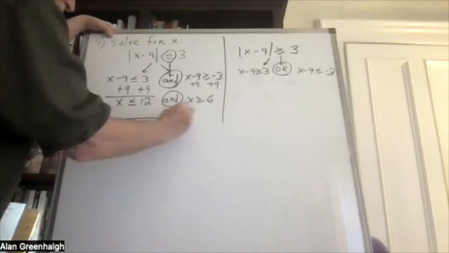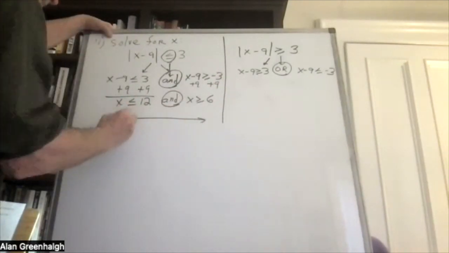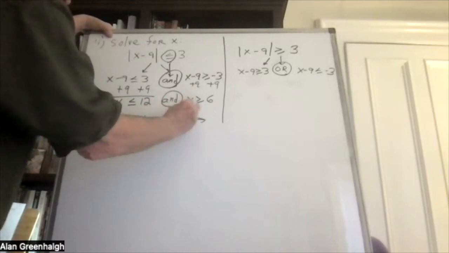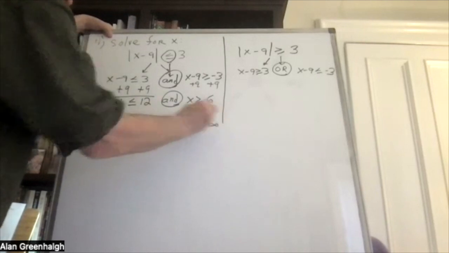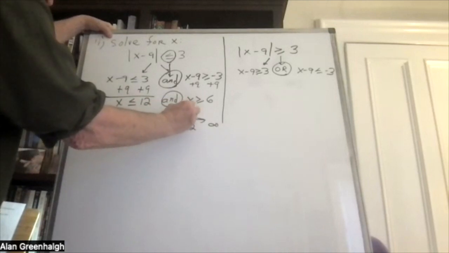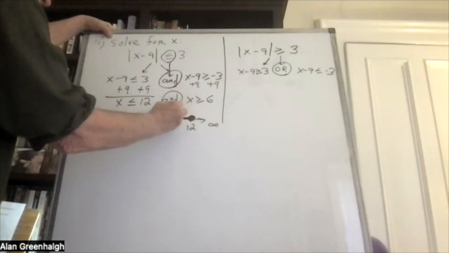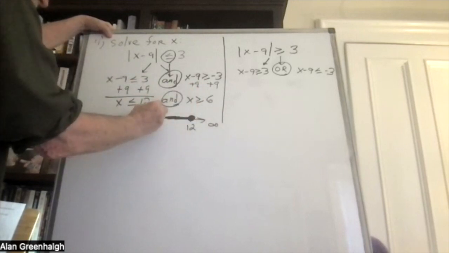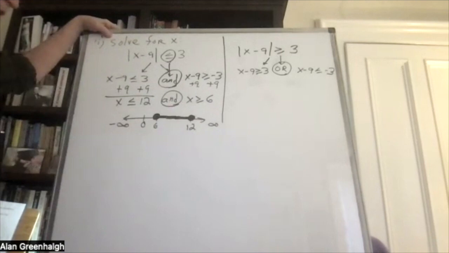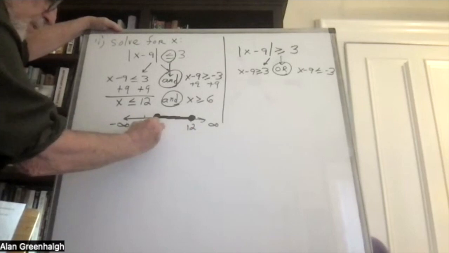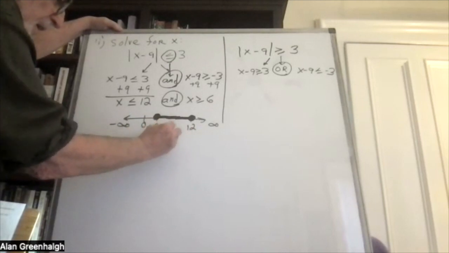So on a number line, here's 6, here's 12, here's infinity, here's negative infinity, and 12 is shaded in. It's less than or equal to 12, but greater than or equal to 6. And this is what it looks like. In interval notation, this would be [6, 12].